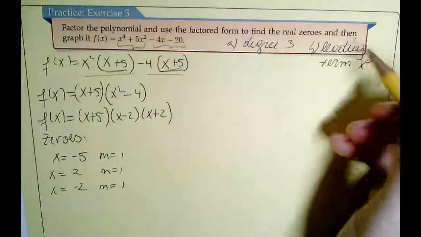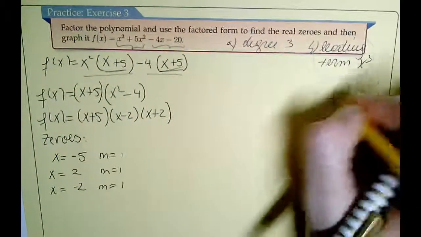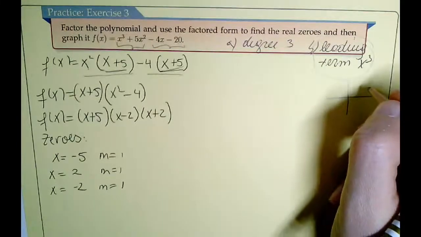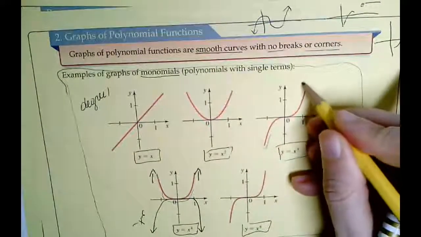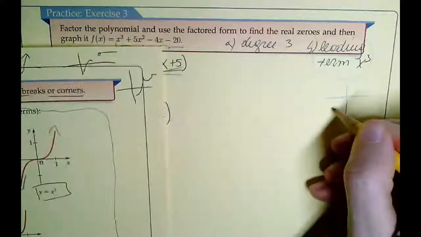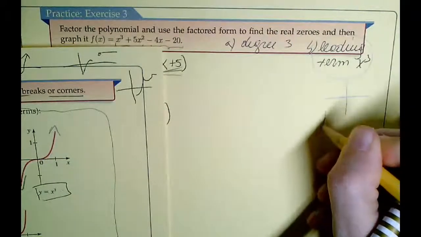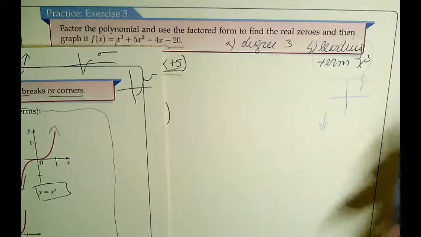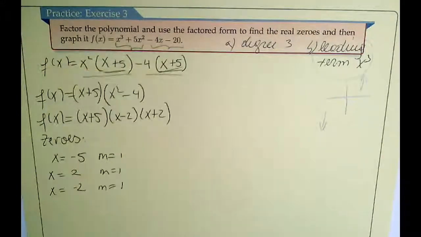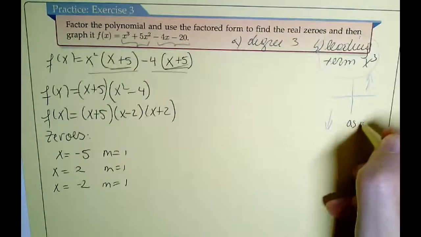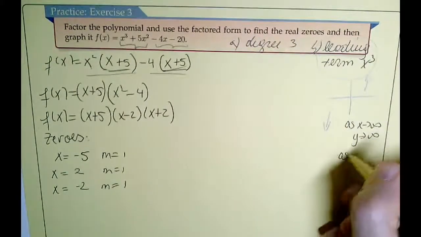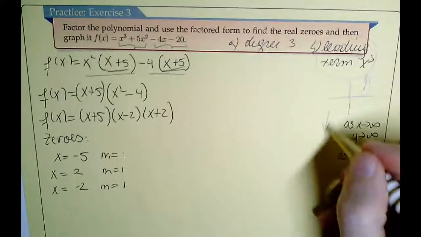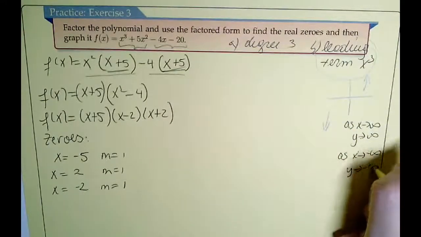The leading term is x cubed, so the end behavior is just like x cubed, and x cubed means it's coming from down below here and it's going to end up here. As x goes to infinity, the graph goes up, so y goes to infinity. And as x goes to negative infinity, the graph goes down to negative infinity.